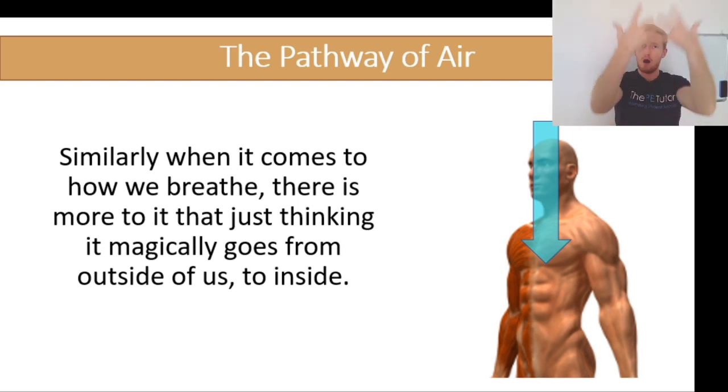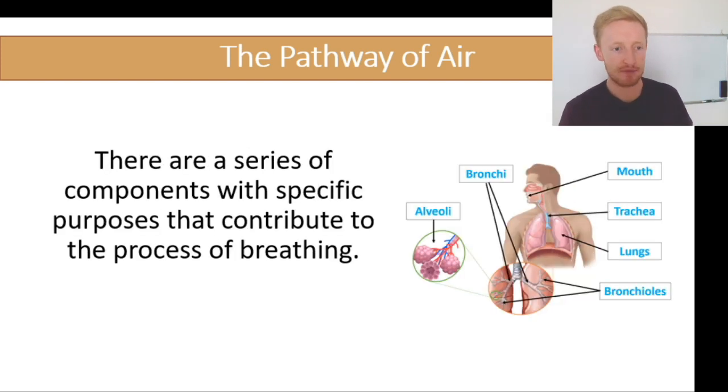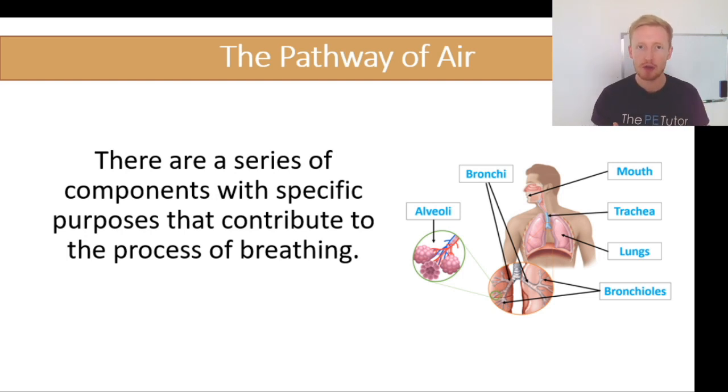Okay, but it's this pathway of air, the route that this volume of air takes. And we've got these 6 main components, and we're going to go through each of these individually, but just to say them right now, we've got the mouth and nose, the entrance, we've got the trachea, this main pipe that runs down through our neck.